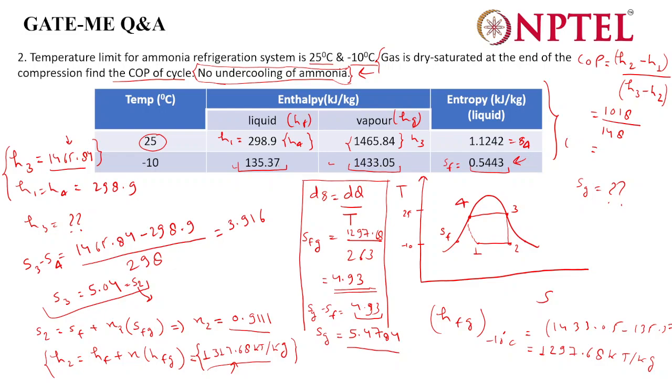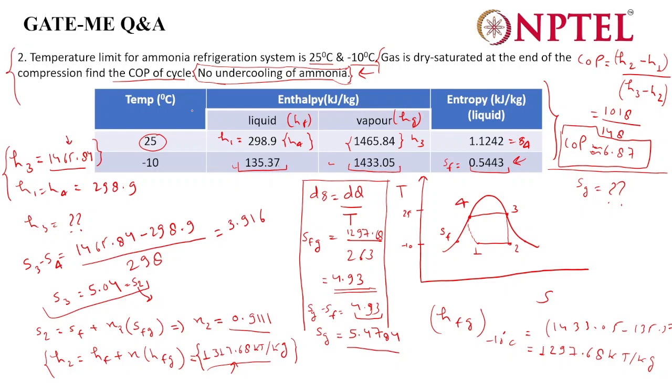So what is the COP? Divide it. It would be approximately 6.87. So what have you learnt in this question? The answer would come anyhow, but what you have learnt is important.